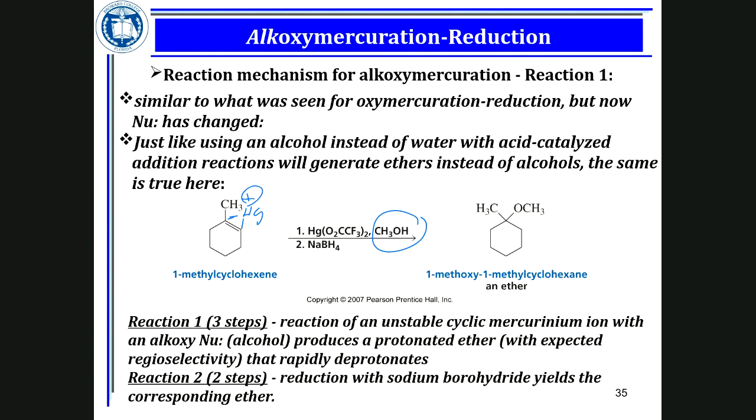Then the alcohol comes in. When the alcohol comes in, it is going to attach from the opposite side to the carbon that is more substituted, because this plus charge is more stable on the carbon that is more substituted.